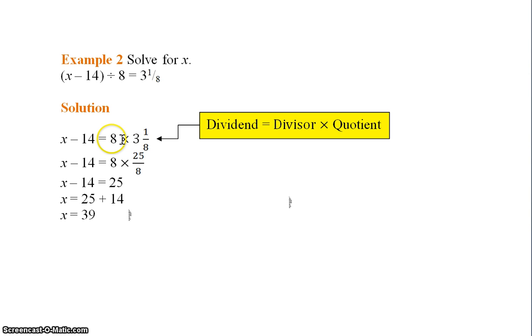In order to multiply 8 by 3 and 1/8, we convert the mixed number 3 and 1/8 into an improper fraction. 3 times 8 is 24, plus 1 is 25. Therefore, on the right side, we must multiply 8 and 25 over 8.